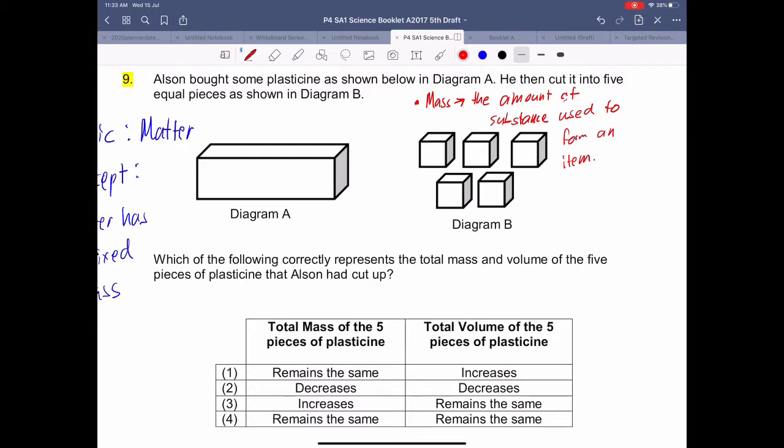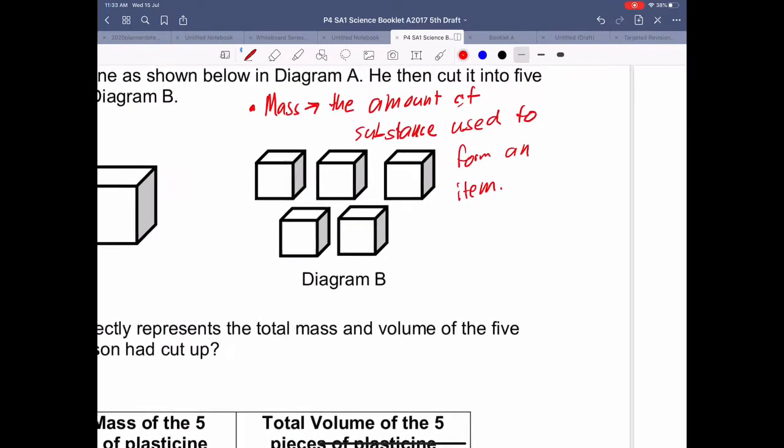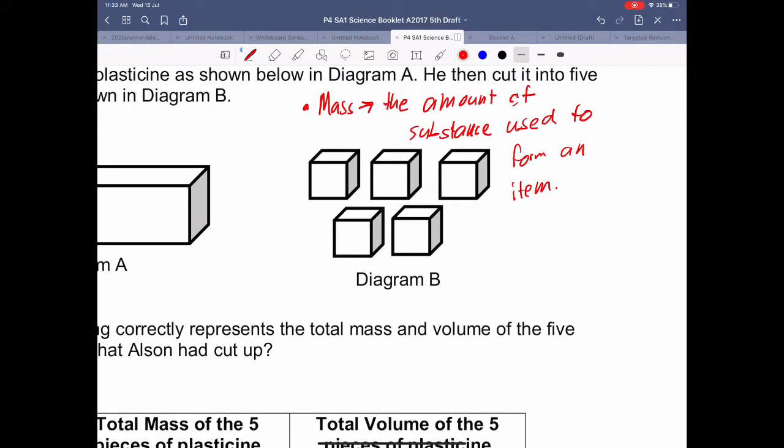Now, mass and volume are two very different things also. Volume is the amount of space that something occupies. For example, in a very simple way, let's say I have 2 balls of similar size, but they are made up of different materials.